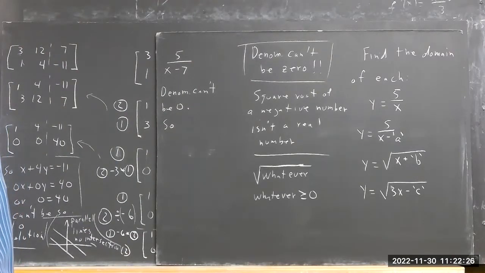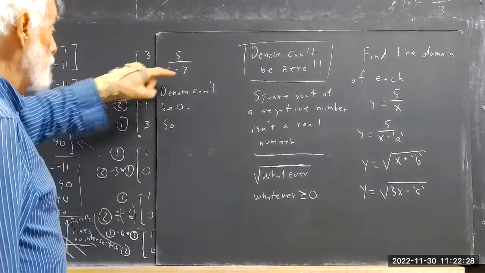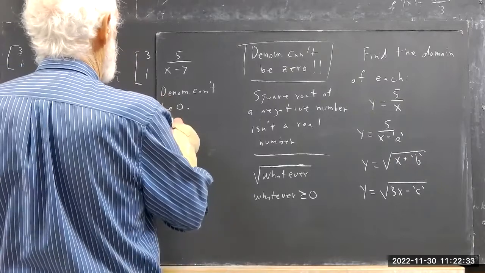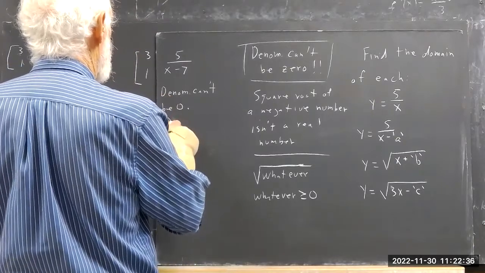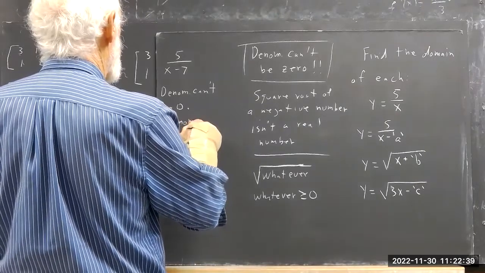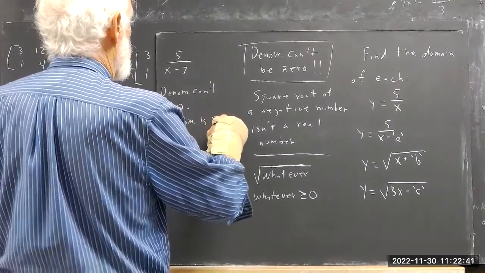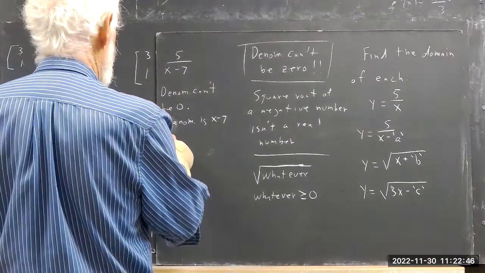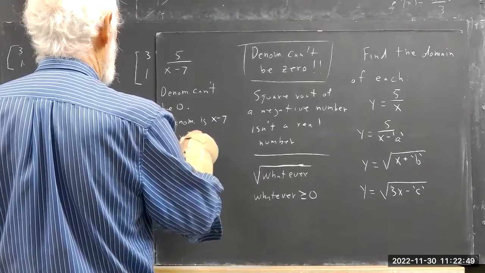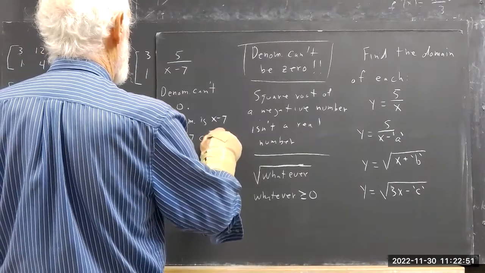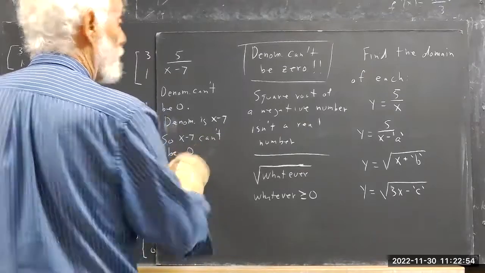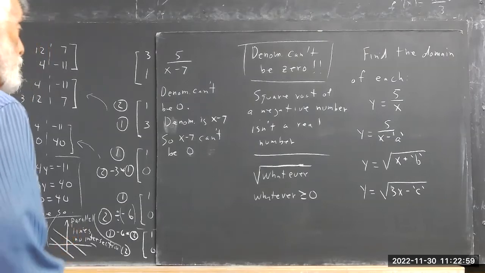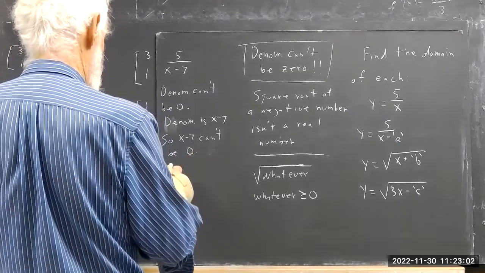Well, x minus 7 is the denominator. So x minus 7 can't be 0. Now we can write that as an equation.